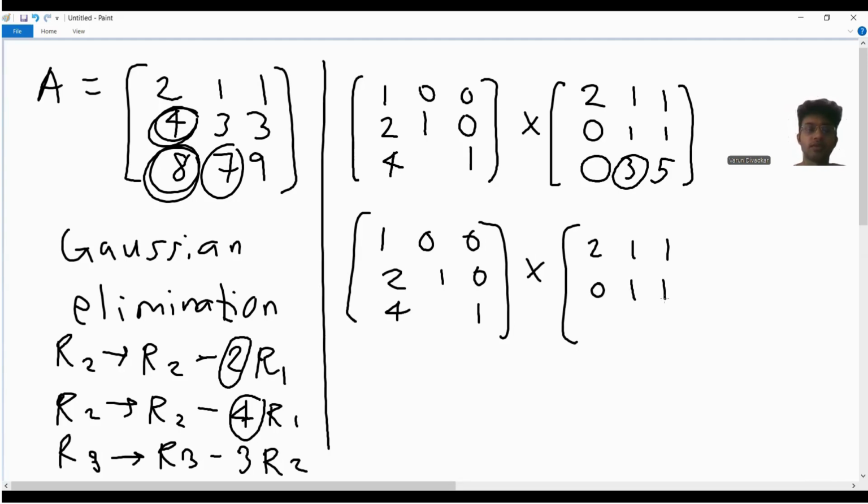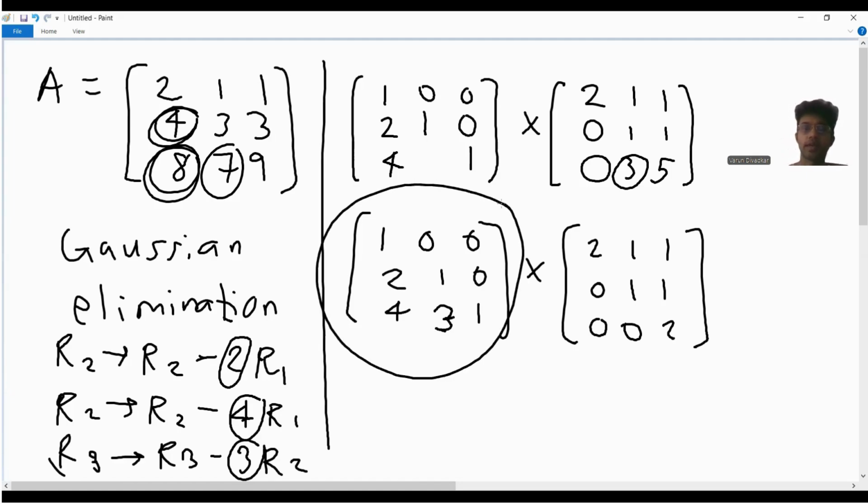And if you perform this, what you get is 0 0 2. And then this coefficient 3 will come in this position, because that's what we have transformed. So this is your L matrix and this is your U matrix.